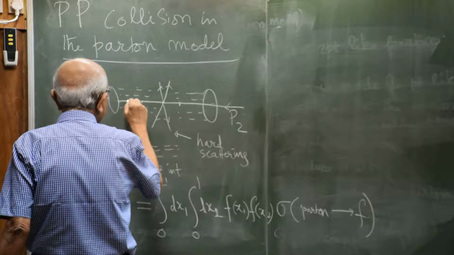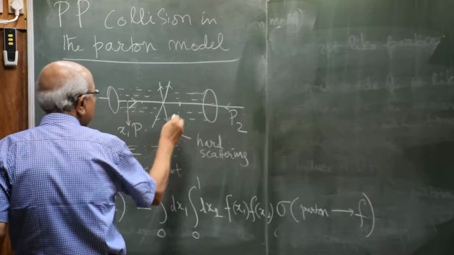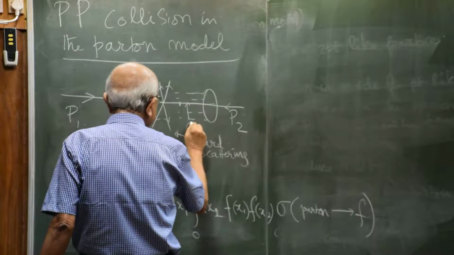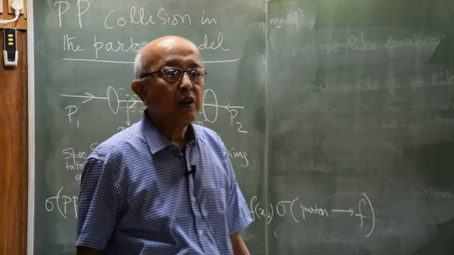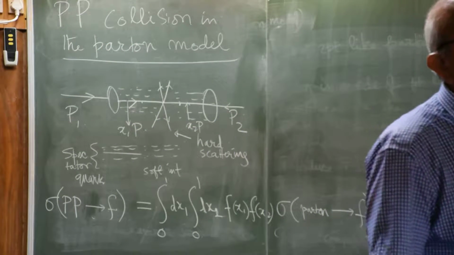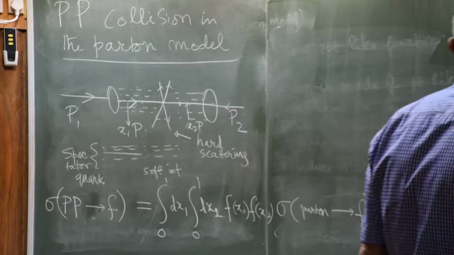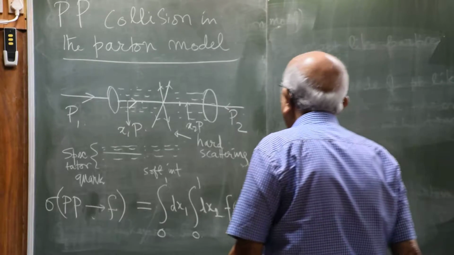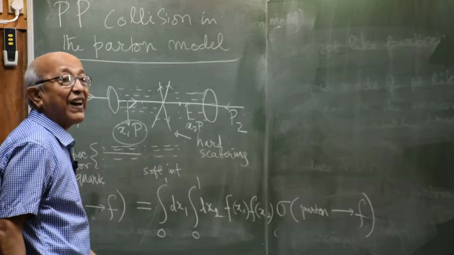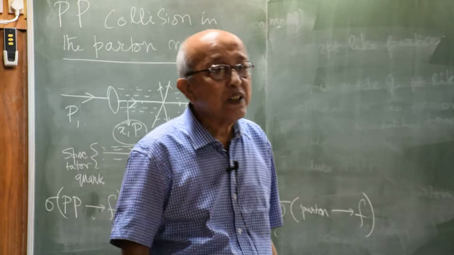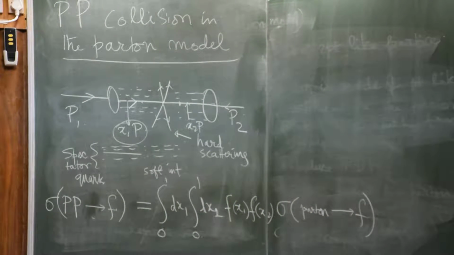So this guy carries x1 fraction of the proton momentum, and this guy carries x2 fraction, and these two scatter to produce the final state. But of course, they do not carry a definite fraction of the proton momentum. They can carry all possible momentum fractions from 0 to 1.